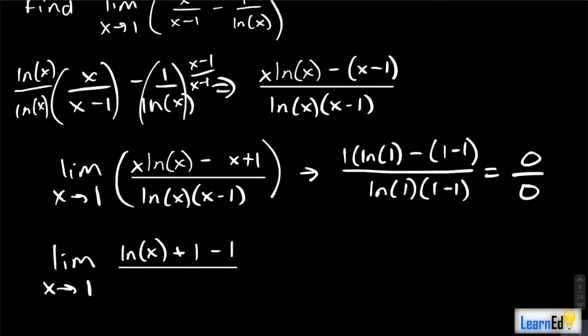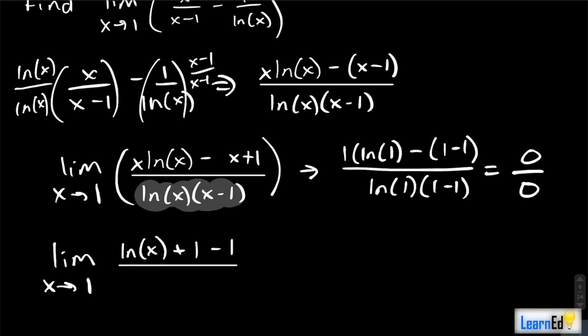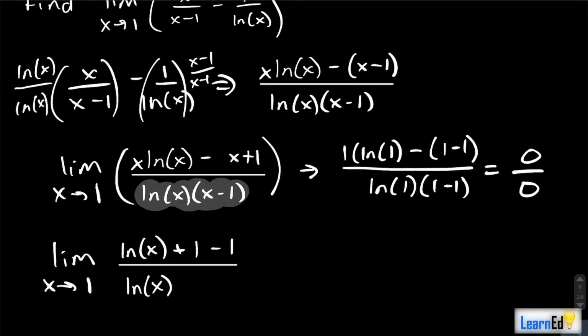Taking a derivative of the bottom now, natural log of x times x minus 1. This is product rule again. We'll first have the derivative of x minus 1, which is just 1, so we have that natural log of x by itself again. And then taking the derivative of the natural log of x and multiplying it by x minus 1, we just get x minus 1 over x.